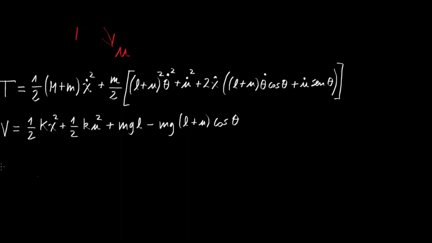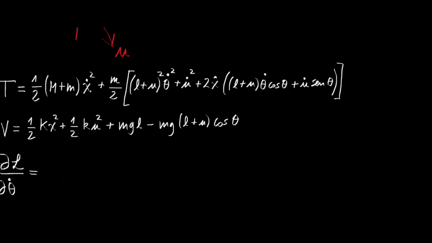We first need to find the partial derivative of the Lagrangian with respect to theta dot. If we look closely at the expressions for kinetic and potential energy, we can note that theta dot only appears in the kinetic energy. It cannot appear in the potential, because potential energy does not depend on velocities.